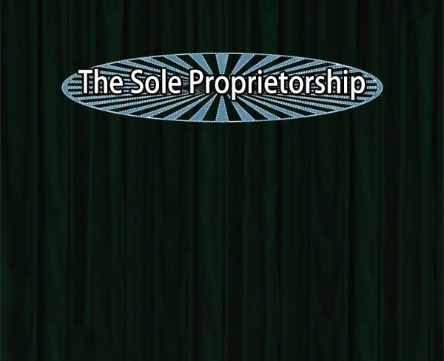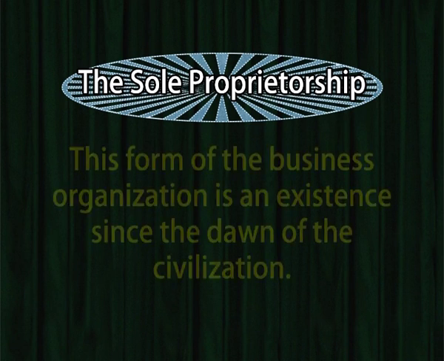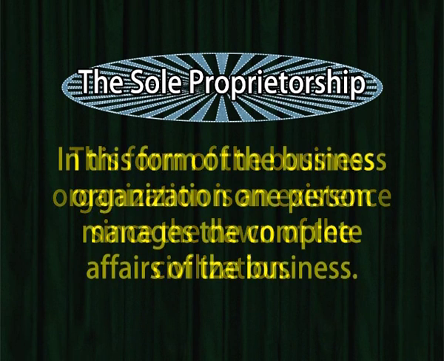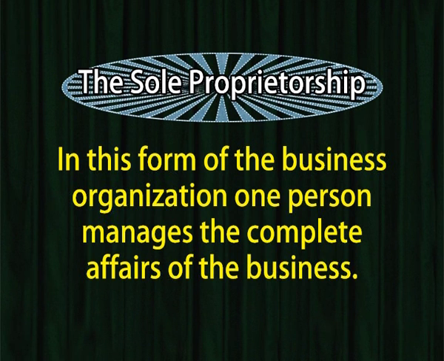Now, we will discuss the sole proprietorship form of the business. This form of the business organization has been in existence since the dawn of civilization. In this form, one person manages the complete affairs of the business. He takes the decisions regarding the activities of the business.